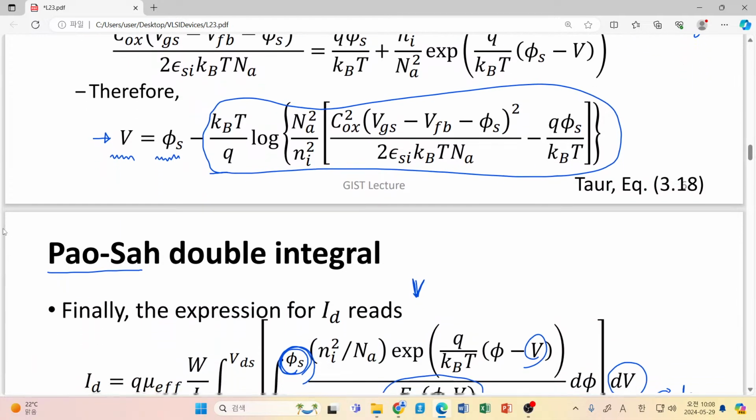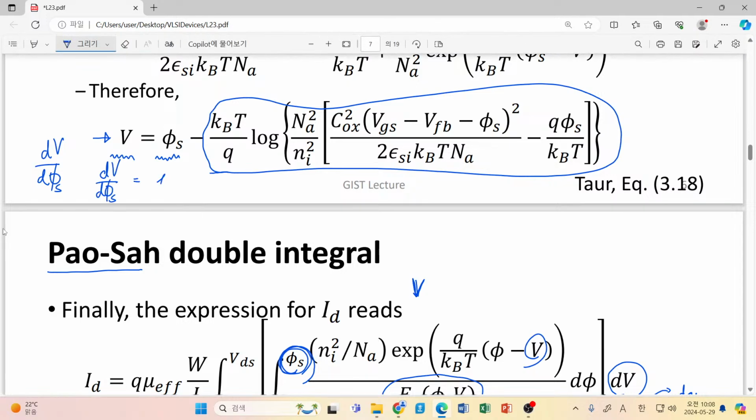Then in order to calculate now dv over d phi s, we must take just the first order derivative. Please do that. So when we calculate dv over d phi s, this one is just number 1, and the remaining thing will give us quite a complicated expression, because you know here we have a phi s and here we have a phi s.